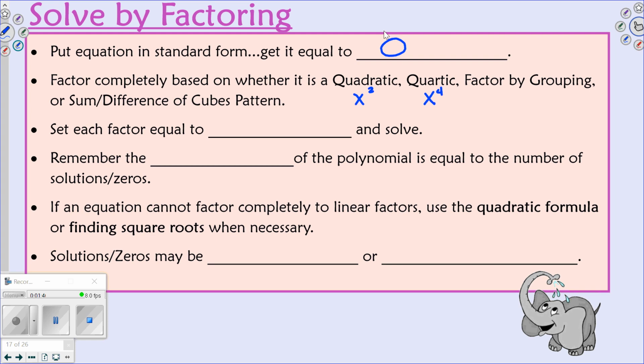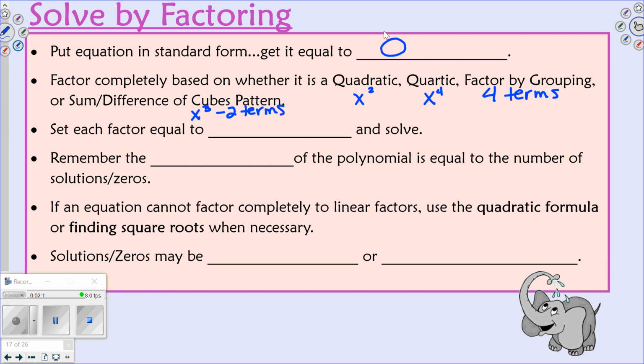What's factor by grouping? When do I do that? Not x to the 4th. How do you know if you're using grouping? 4 terms. Or sum and difference of cubes pattern. That would be an x cubed, and you'd have 2 terms.